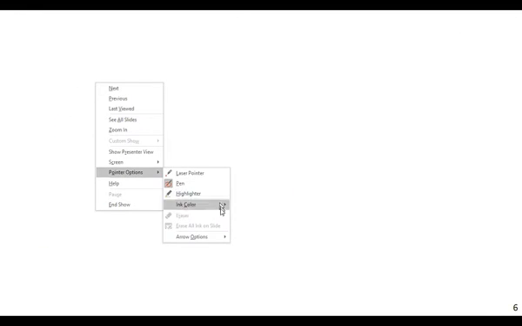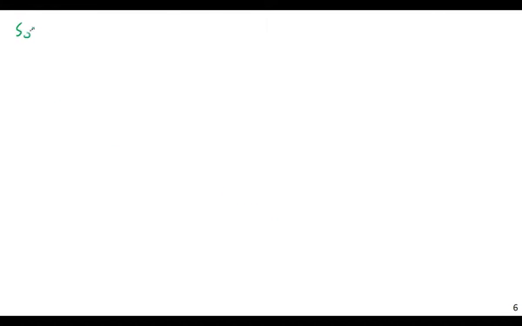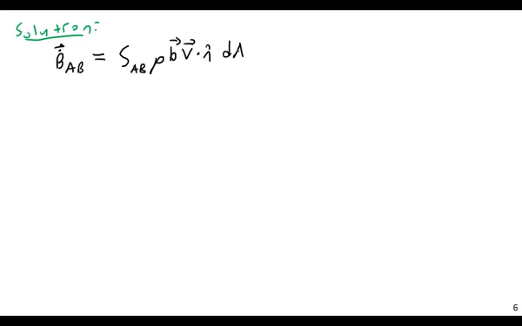So let's work through this solution. All right, so B dot AB, the flow rate of our extensive property, is going to be equal to the integral across surface AB, the surface integral of rho b, times velocity V dot n dA.